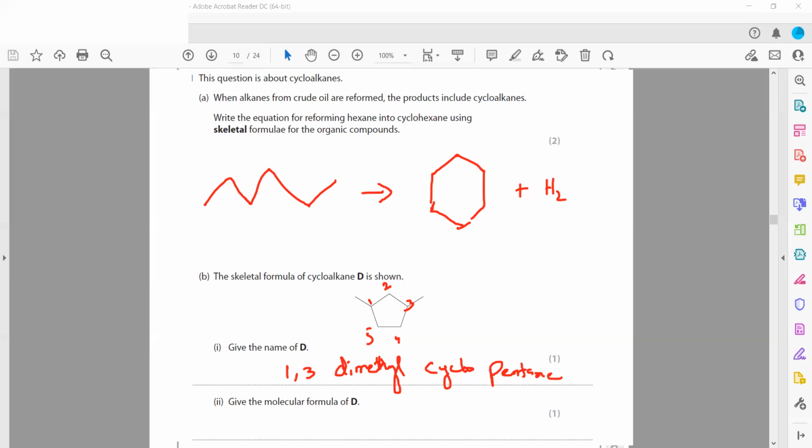So if I count the number of carbons directly, I can find the hydrogens. 5 we already counted, so 6 and 7. So it will be C7. If C7, how many hydrogens should be there? H should be 14 because the number of hydrogens is always twice the number of carbon atoms.